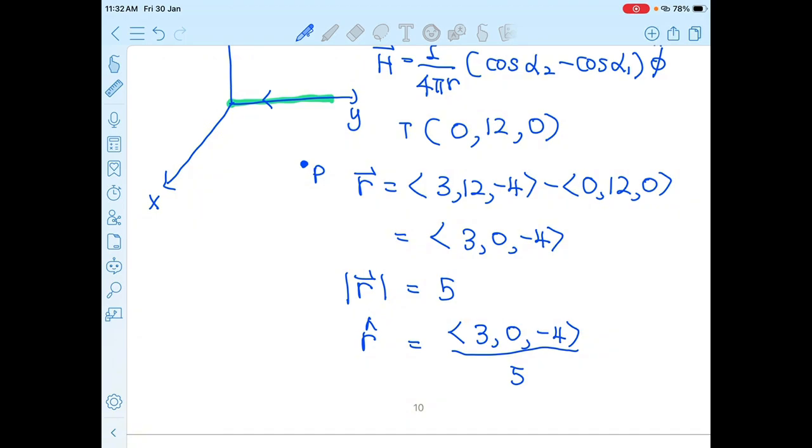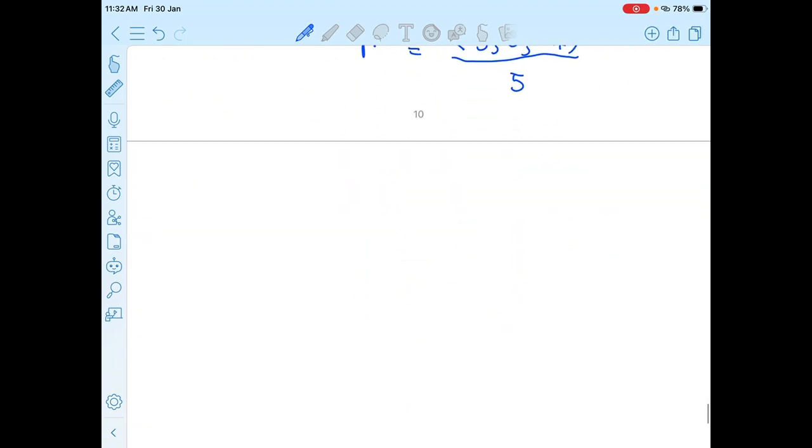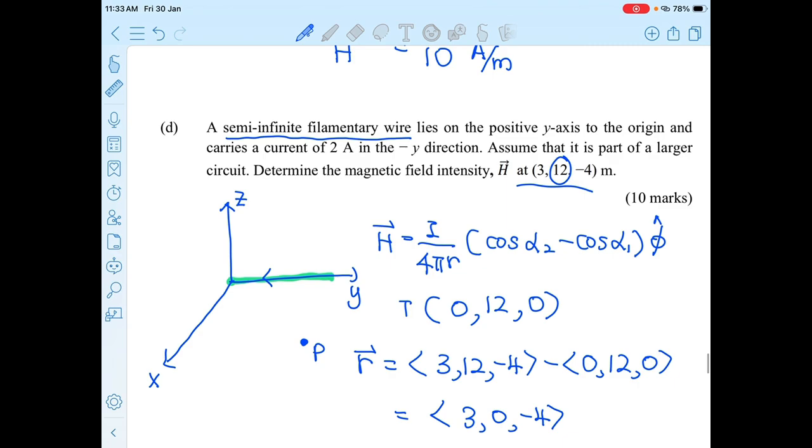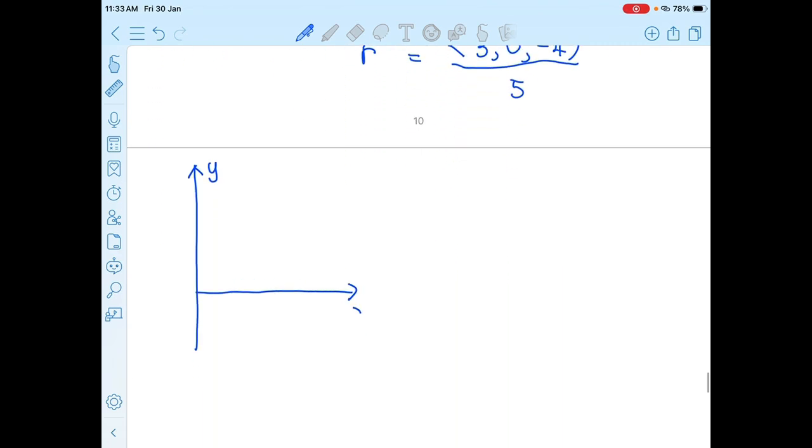Now it's about alpha 2 and alpha 1. I will draw the y-axis, and I want to draw using my x-axis. The coordinate of the observation point is 3, 12, and negative 4, so 3 and 12 is here.